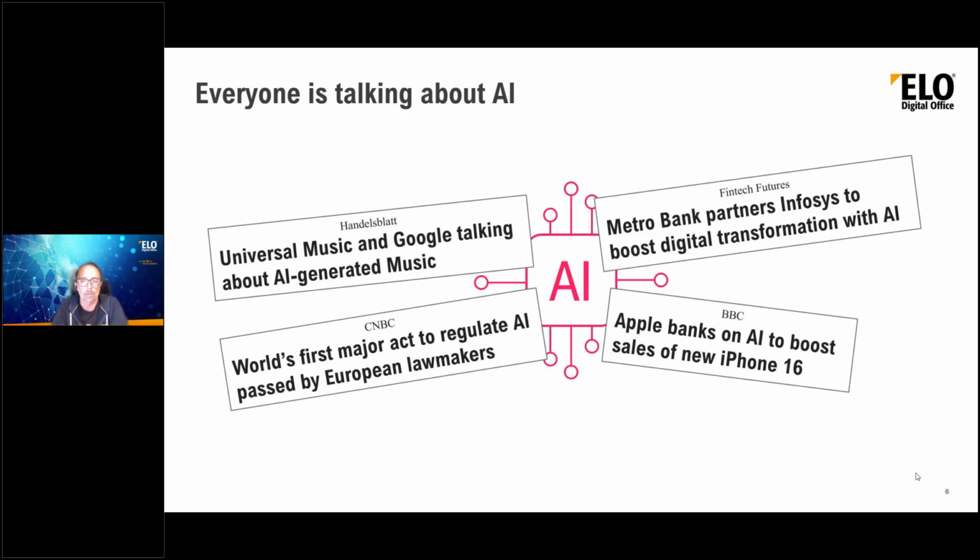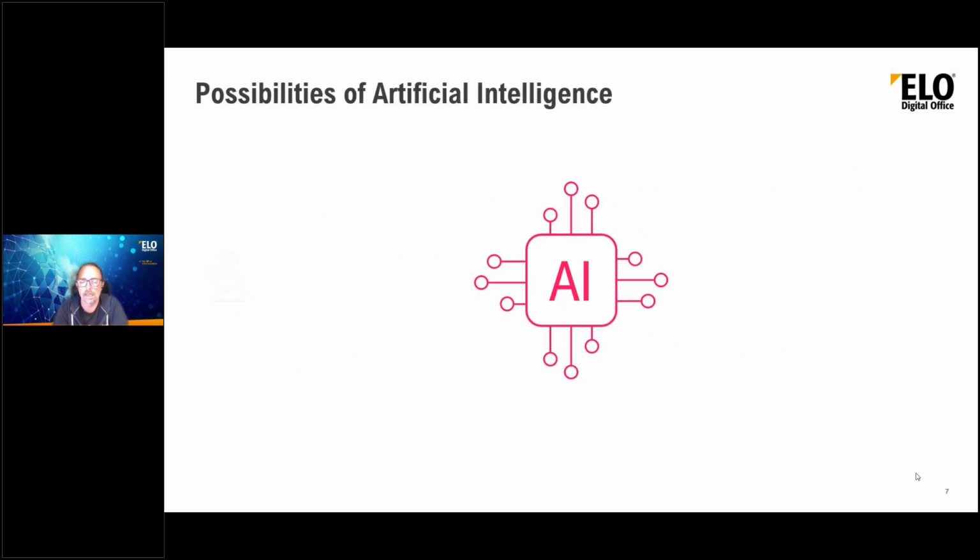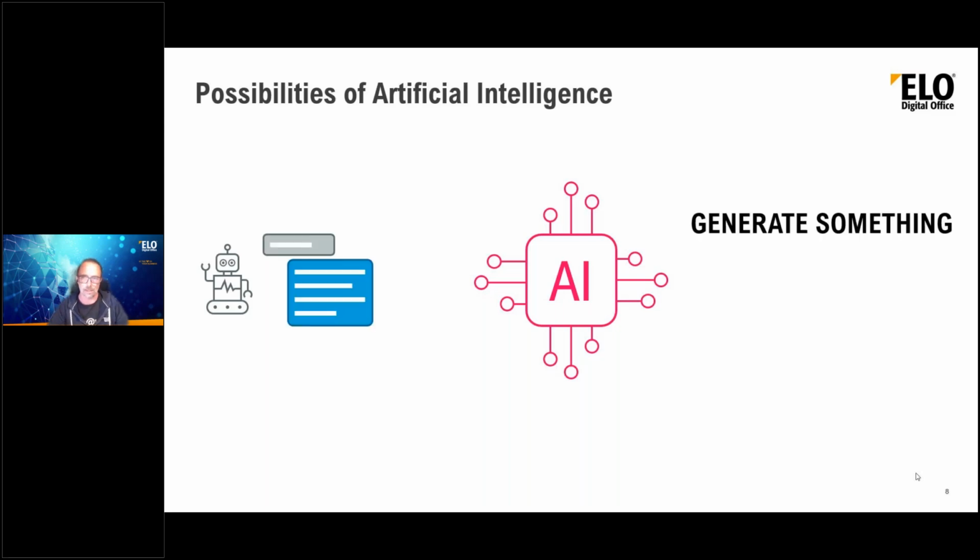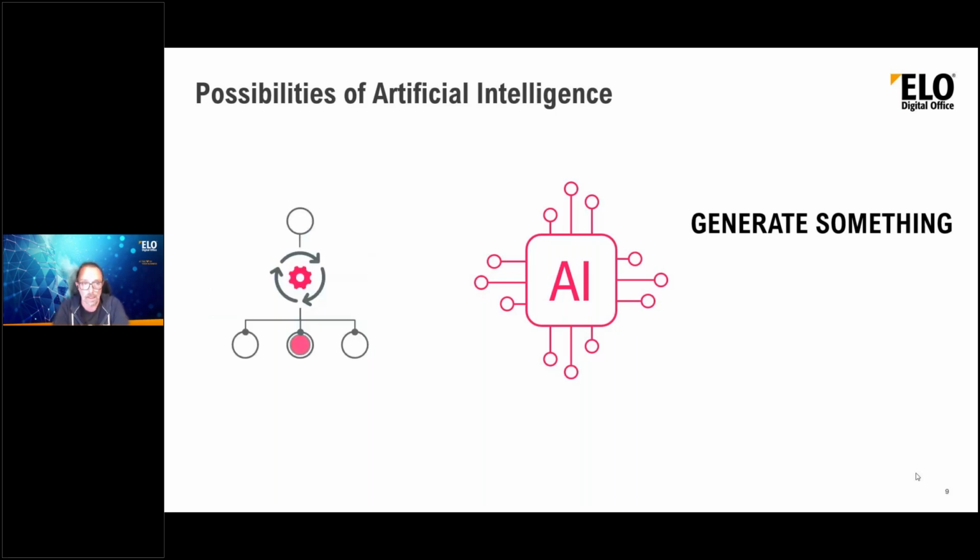But the thing is, in our daily work, there are some things which can be useful and which can't. So, for example, what are the possibilities of artificial intelligence? It can create something for you, so generate something. That's the so-called generative AI, which generates text, documents, information, and so on. Another thing you can do is automate some tasks.